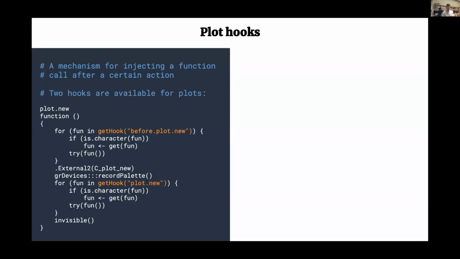If you looked at the code for the function plot.new, you would find that there are 2 hooks defined there. Within the first loop, you can see that it calls getHook before plot.new. This getHook method would extract all the functions defined in that hook, and this loop then would iterate over all those functions and call them in turn. And likewise, after the plot is created, the second hook, plot.new, does the same, but for a different hook now.